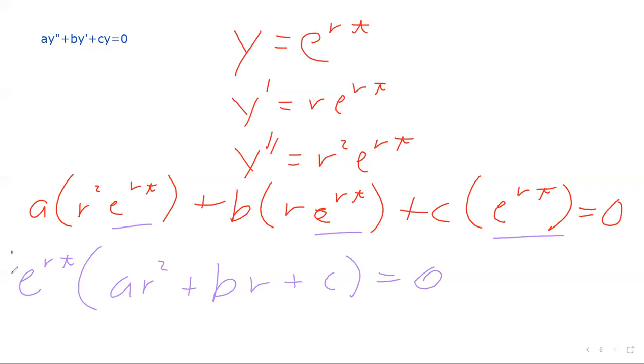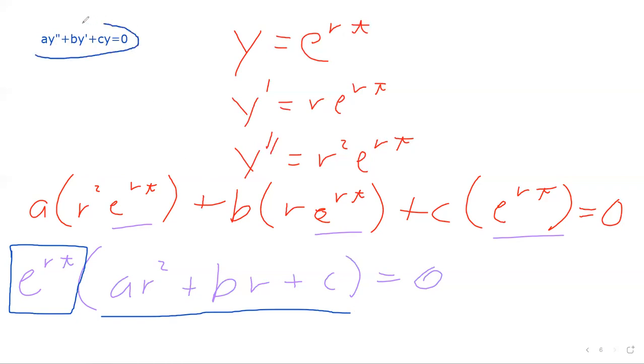This e to the rt is never going to equal 0. So it's never going to contribute to our solutions. The only thing that we're left with that we have to worry about is this little bit in here. So when we have these second order linear equations that are homogeneous with constant coefficients, we can just treat all of it like a quadratic, which is going to make life a whole heck of a lot easier.